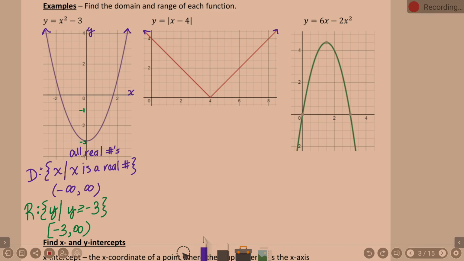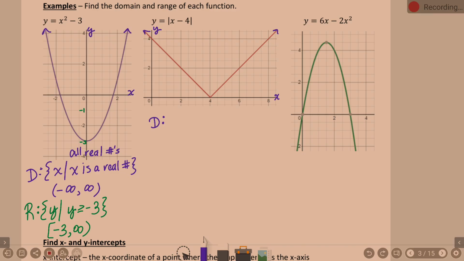Okay? So let's talk domain. Domain, is it x's or y's? X's. Remember, your horizontal axis is your x-axis. So x-axis goes this way. So how far left and right does my graph go? How far left does it go?